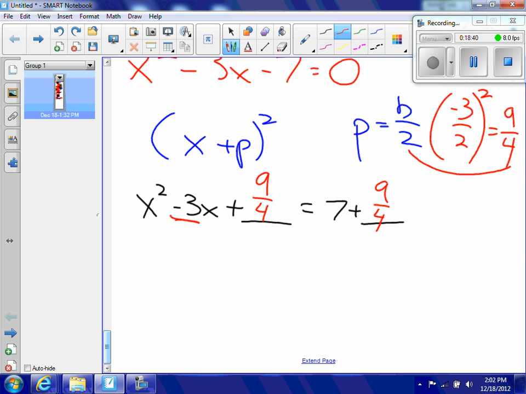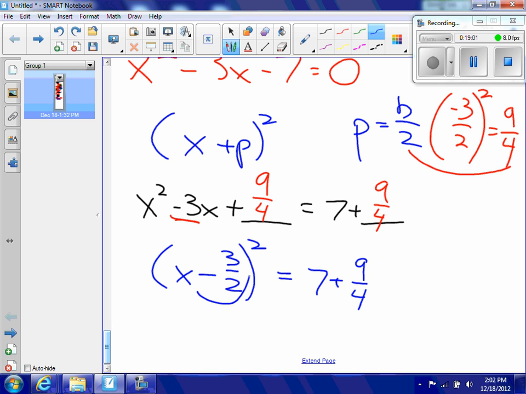But now, when I make this into my binomial squared, I have x minus 3/2 squared is equal to 7 plus 9 over 4. Minus 3/2 right here is my p, and it happened to be negative. So it's always going to be the same sign in here as the number that you're squaring. But what you end up with when you square it, whether it's a negative or a positive number, is always going to be positive.